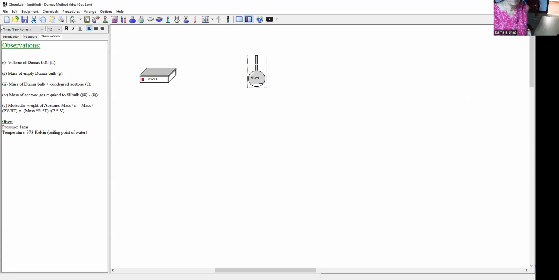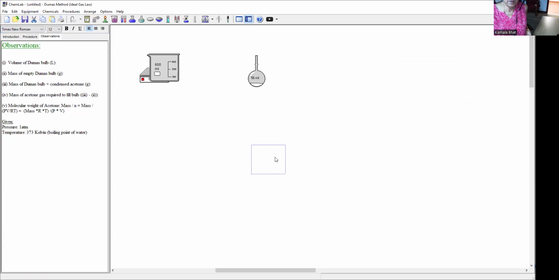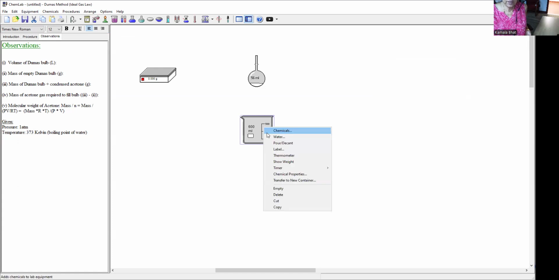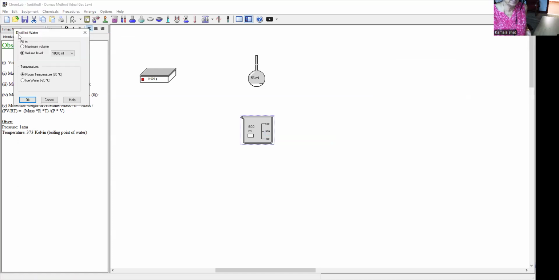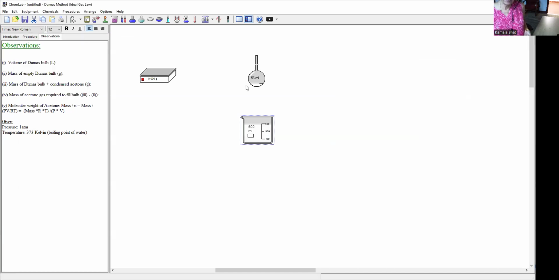There it is. Now I go back to the equipment, get a 600 mL beaker, and add 500 mL of water in it. You can select 500 mL of water at room temperature, then insert a thermometer inside it, and then get a hot plate.